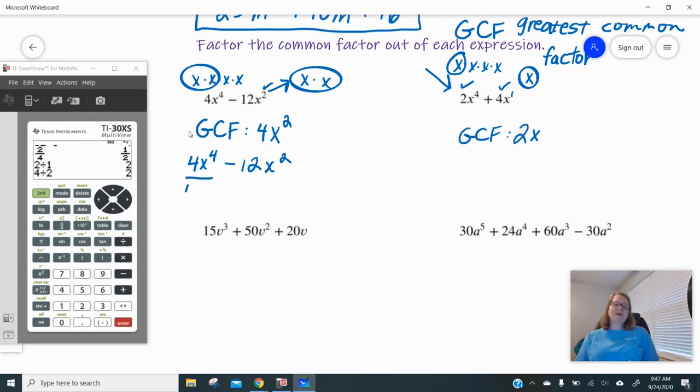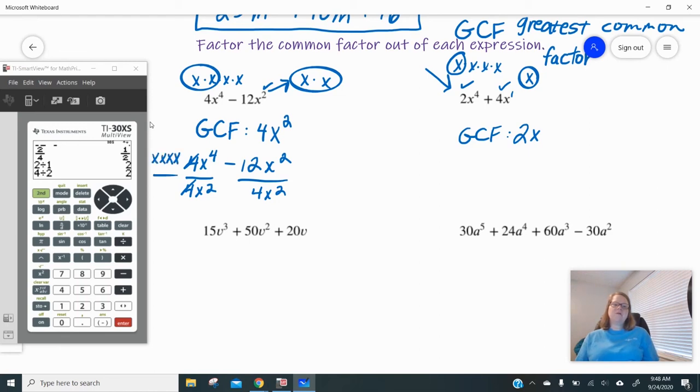So I'm going to take it and say, okay, let me divide by my GCF, 4x squared. If I'm dividing, 4 divided by 4 is 1, and a lot of us think of that as canceling out.